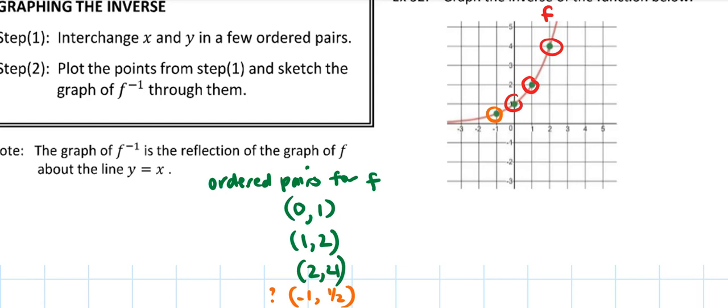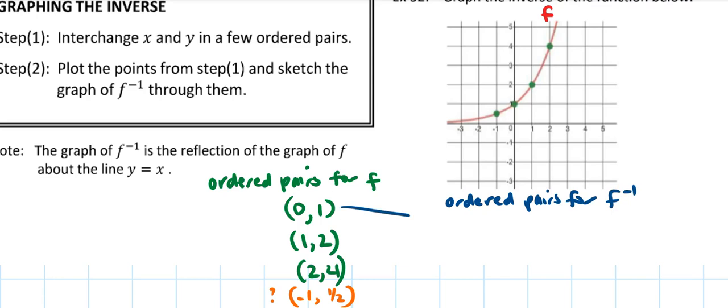So if I'd like to graph the inverse now, for the inverse, I will just switch the x and y values. So for 0, 1, that becomes 1, 0, and we can plot them as we go.